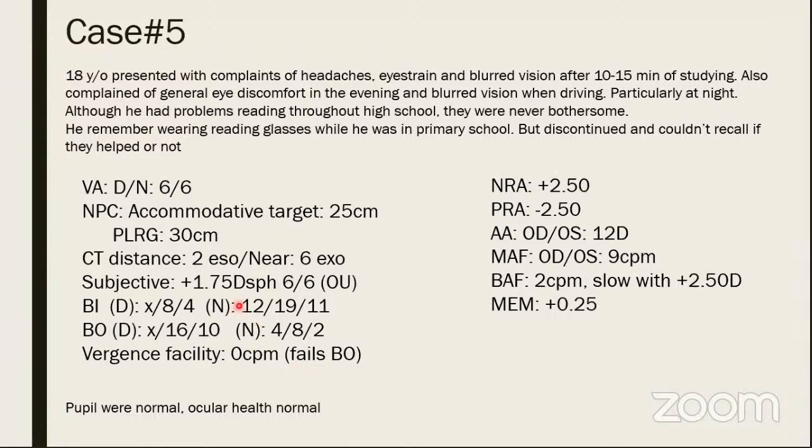So prescribing full plus, what would happen? It will put more demand on these poor positive fusional vergences. Yeah, fogging can be performed to determine the actual plus, but we will not prescribe that amount of full plus.